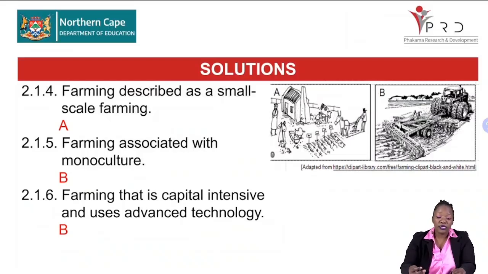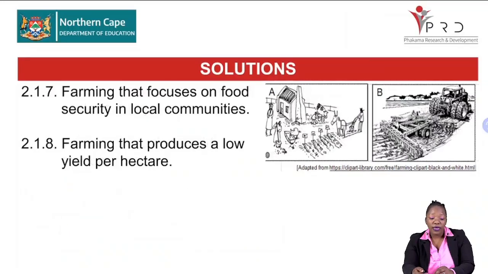So it means their focus is only on food security. And then after that, we're looking at your 2.1.8, the farming that produces a low yield per hectare. As you can see, their farming is done in a small area.